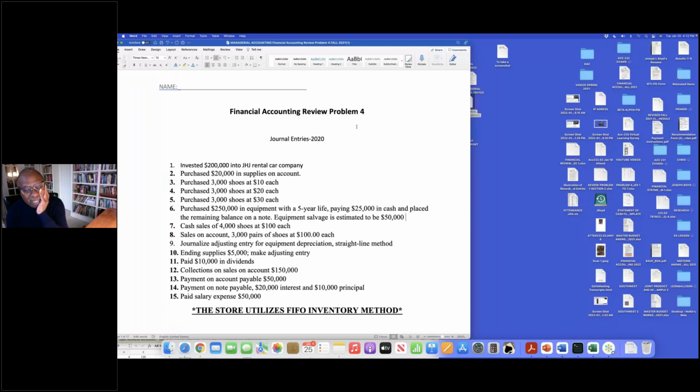Can anybody make this journal entry? For number one, it's a type one, so we're going to debit cash for 200,000 and then credit common stock for 200,000.